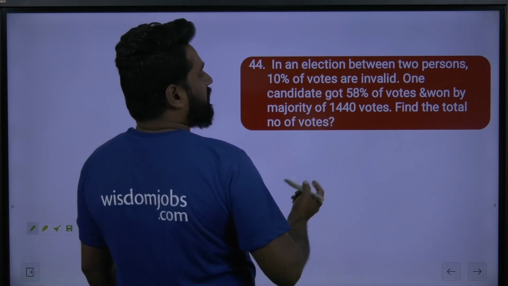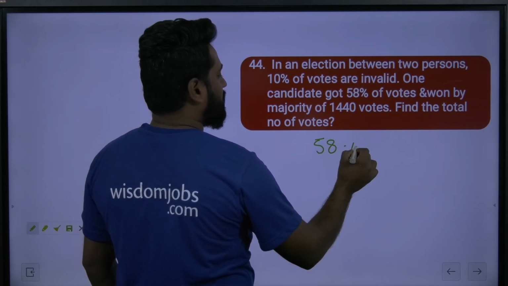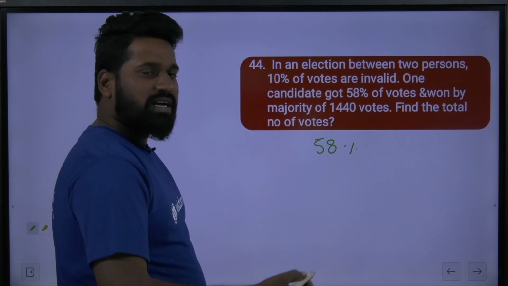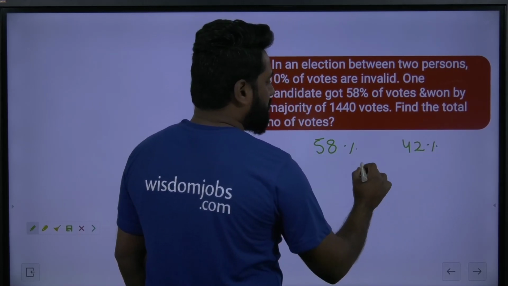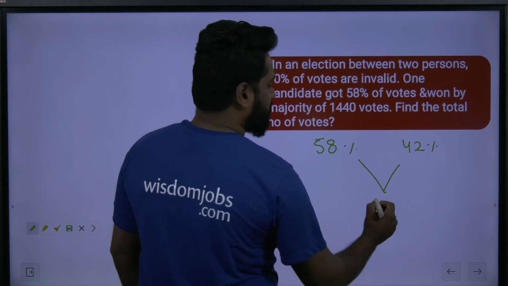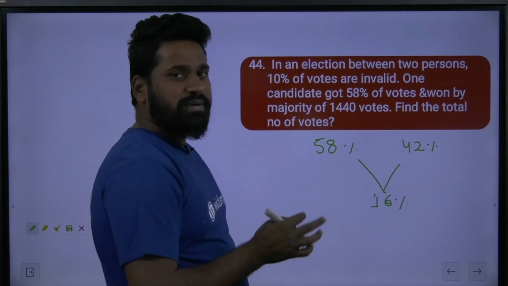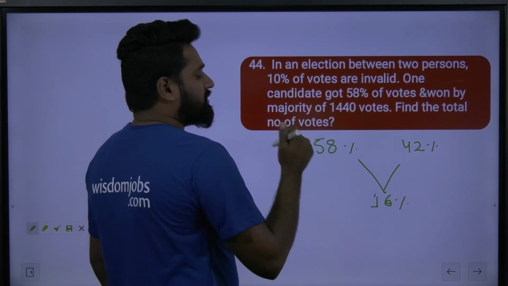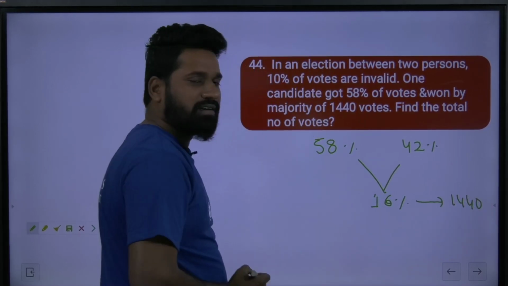So first person got 58% of the votes. Definitely second person got the remaining percentage, that is 42%. What is the difference here? 58 and 42, that is 16%. So this 16% is the difference between those two, which indicates this majority or difference is 1440. This is given.